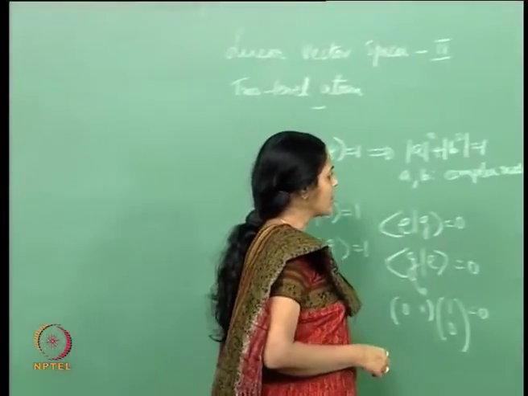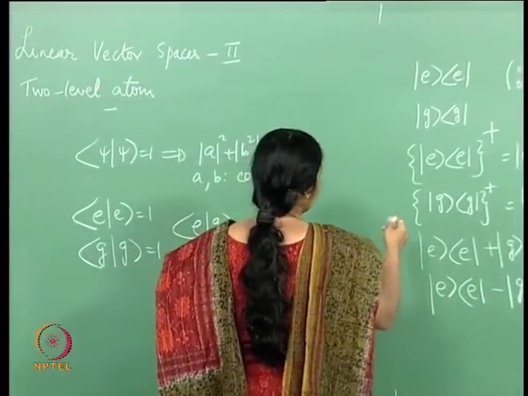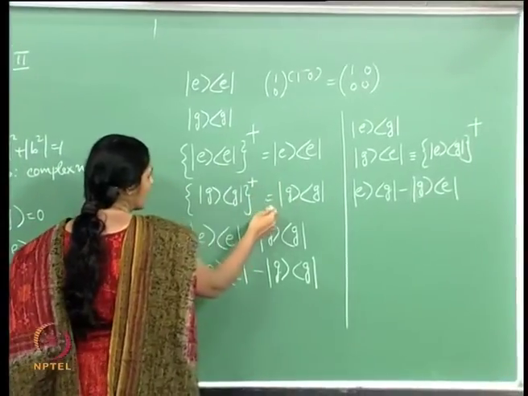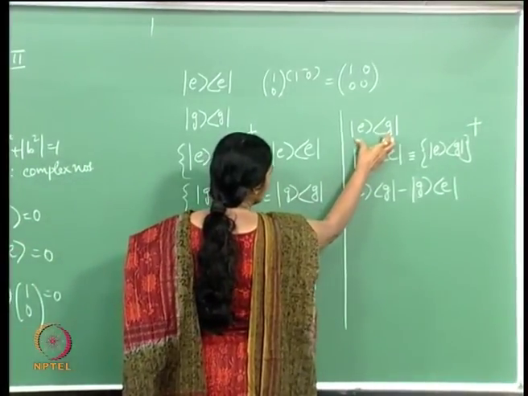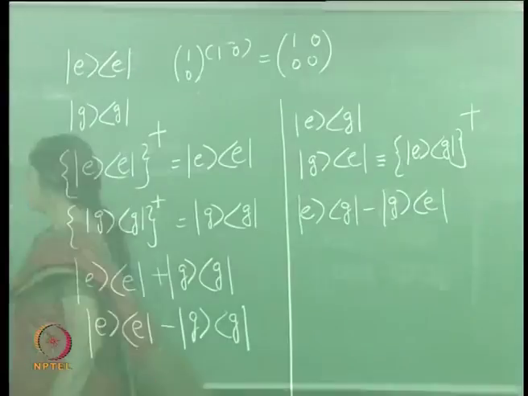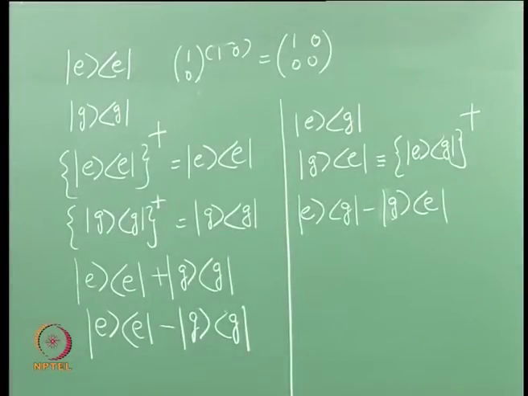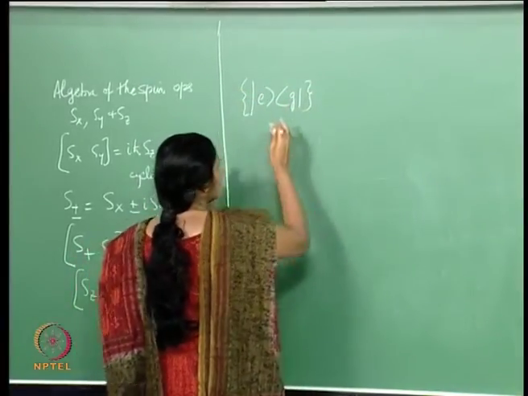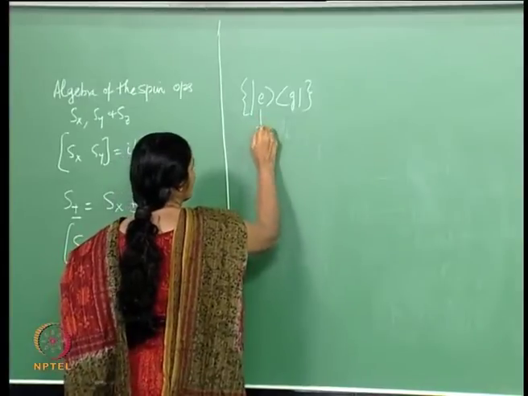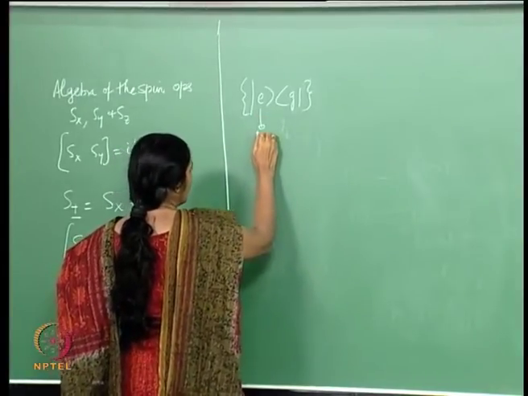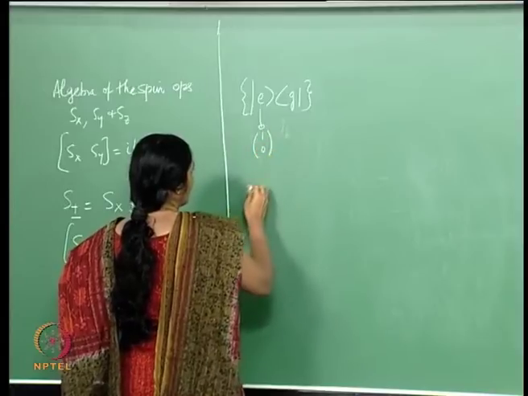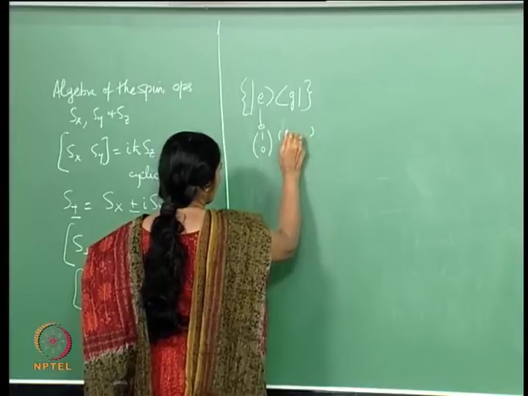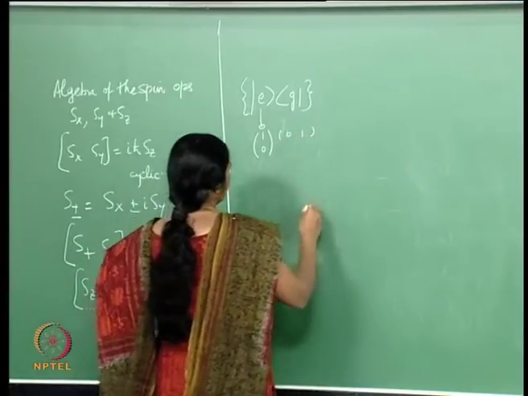Consider, for instance, the action of, let us say, this operator on the state, on either ket E or ket G. So let me consider the action of this operator, for which I can give a matrix representation. Recall that ket E was represented by the column vector 1, 0, and bra G was represented by the row vector 0, 1.